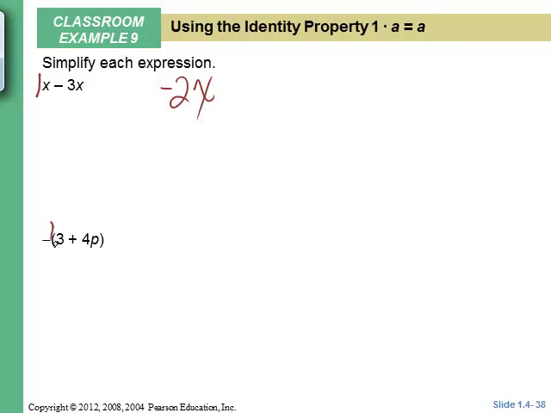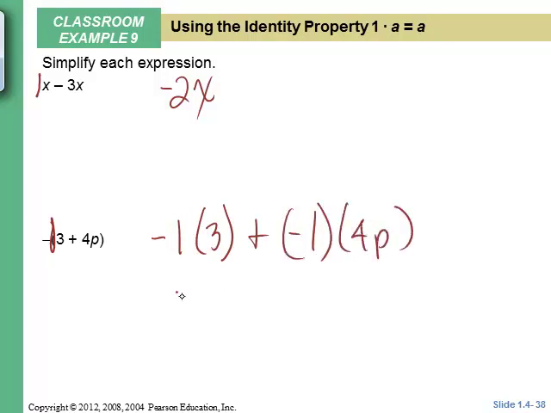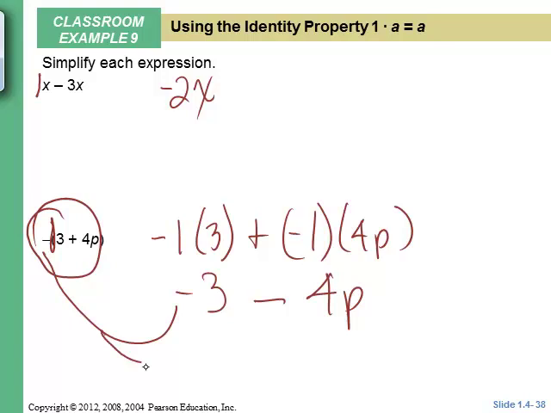This is negative 1, so it's negative 1 times 3 plus negative 1 times 4p, or negative 3 minus 4p. Notice when you have a negative sign in front of parentheses, that negative sign gets distributed to both parts of the numbers in parentheses.